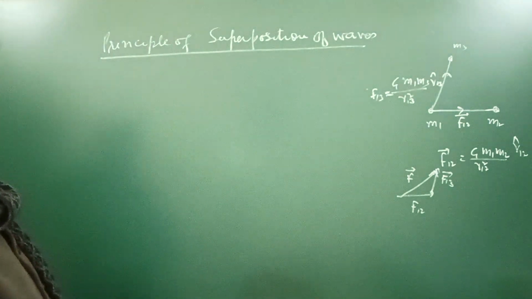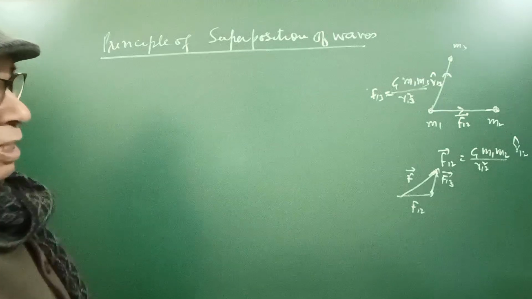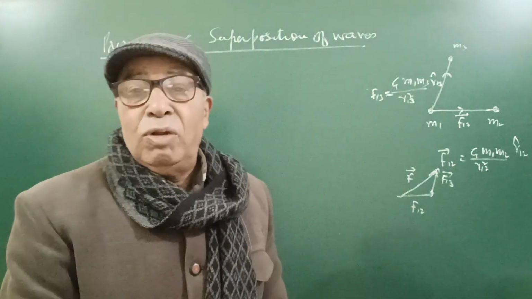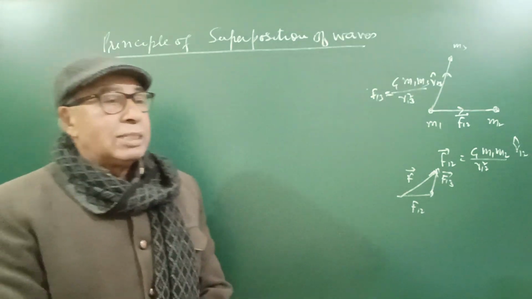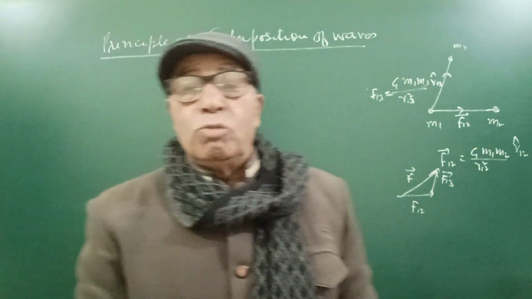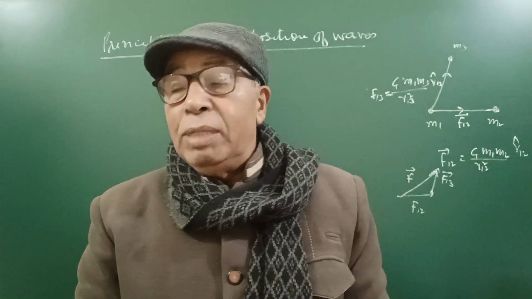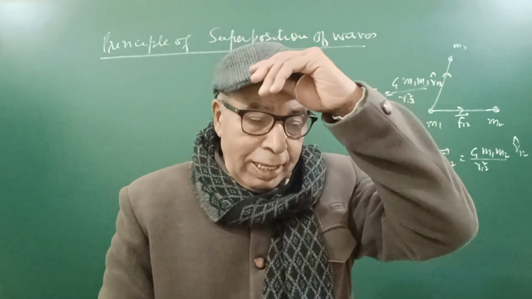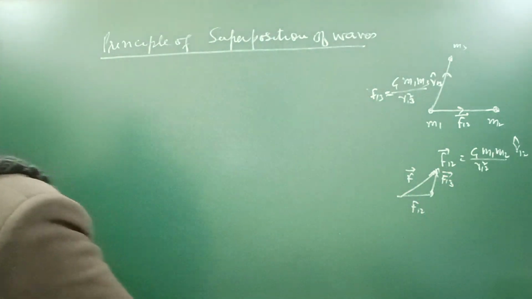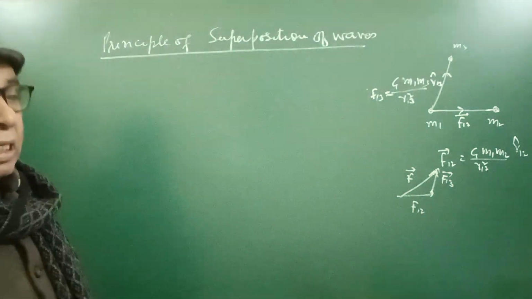Similarly, superposition of waves. We are learning here sound waves. Sound waves are mechanical waves or elastic waves. And I have told you that elastic waves are those which need medium to travel. And when some mechanical wave travel through a medium, particle of medium oscillate.